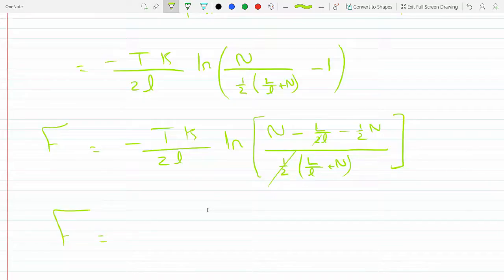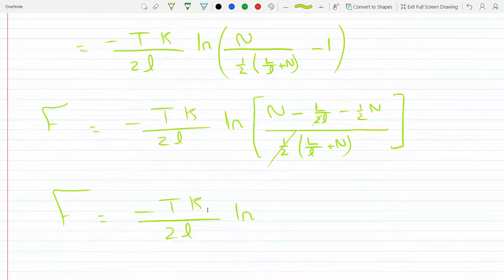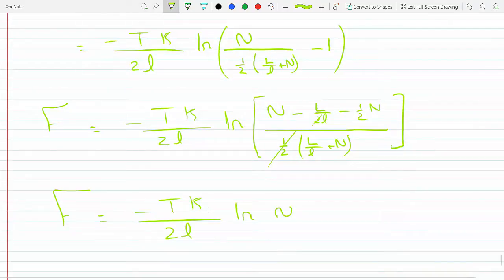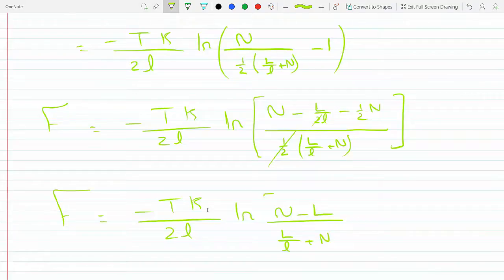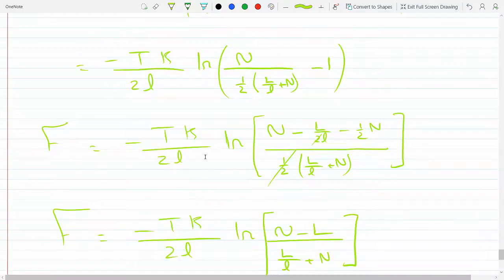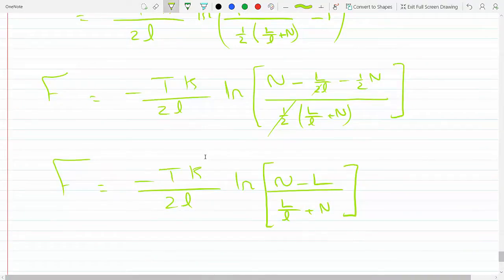And so F would equal minus TK over 2L ln n minus L over L over L plus N. Oops, one second here, I forgot an L over L here. Okay, when I cancelled the half.